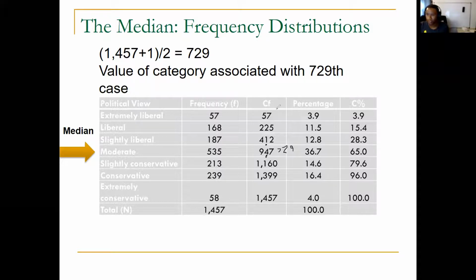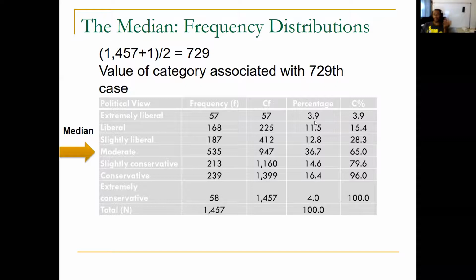So this is 0, 57, 57, 225, 225, 412, 412 to 947. So 729 falls right here in this moderate category. So the median is moderate. So that's how you go about finding the median.